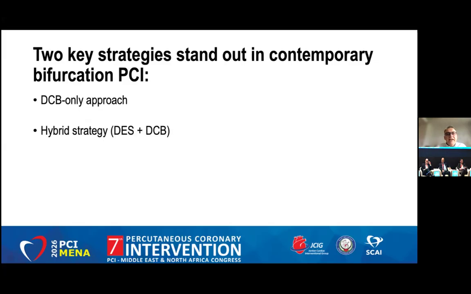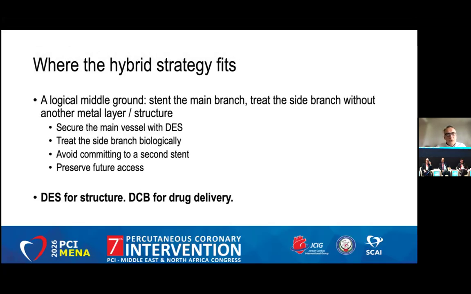So basically, we have two key strategies. The first is the DCB-only approach, and the second is the hybrid approach: DES plus DCB for the side branch, mostly. I think it's a logical middle ground. Stent the main branch, and treat the side branch without another metal layer or structure.